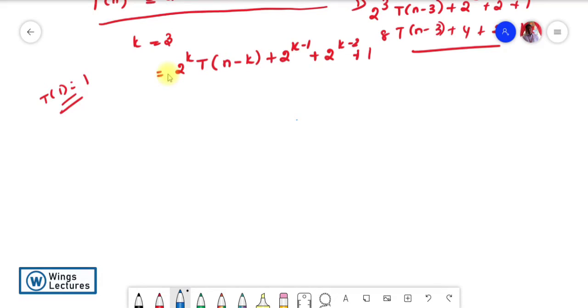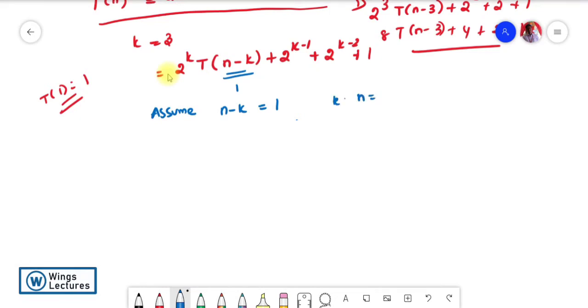So here I am going to assume the values. For achieving this, I have to make n minus k as 1, and then I am going to take the k value as n minus 1. Okay, so let's see, assume n minus k is going to be 1, I am assuming that, and k, so what will be the value of k?